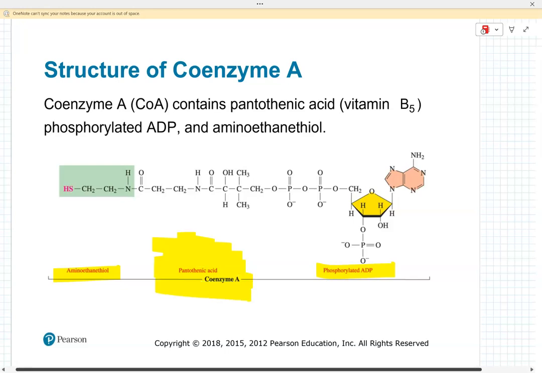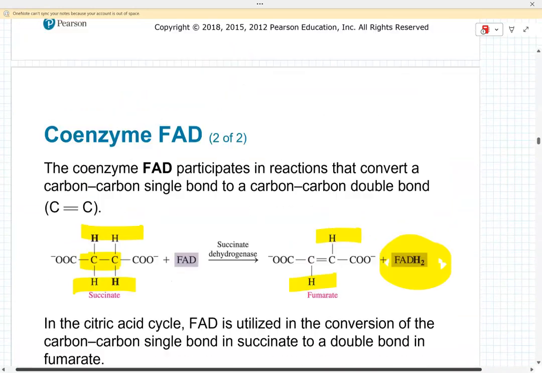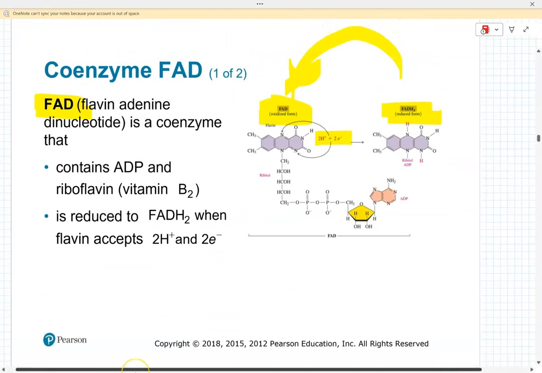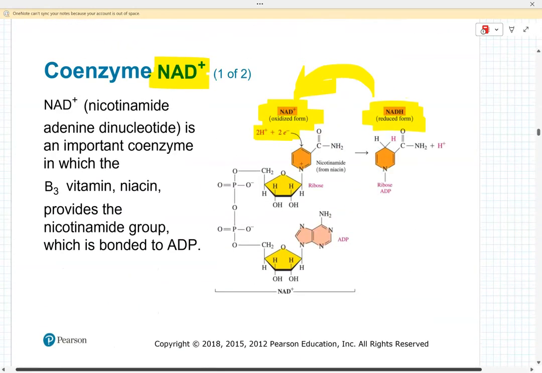I'm going to make a big highlight of pantothenic acid, right? For FAD, riboflavin, vitamin B2. For NAD+, it contains niacin, vitamin B3.